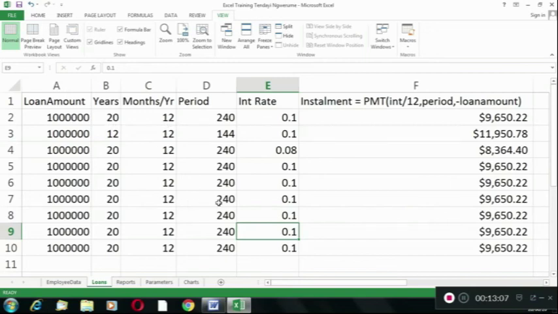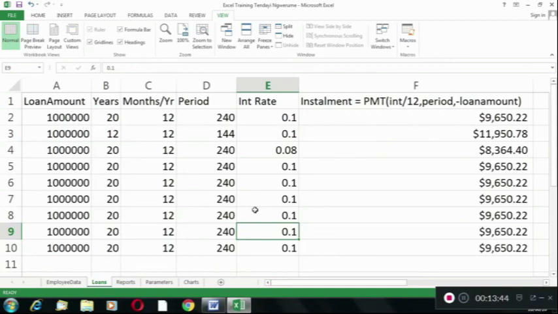So what we have got from this particular module is basically this payment formula, installment equal to PMT function into the interest rate, which we put in this column, divided by 12, because that is per year, but we want interest rate per month, then comma the period, which is the total number of months over which we are paying the loan, and then comma, we put a minus and the loan amount, which is in this first column.